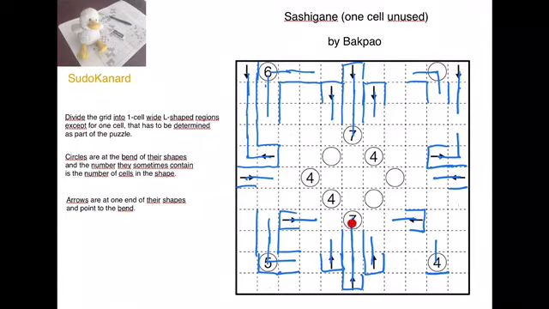Is there anything to be said about this one? Well, this arrow won't extend to the 4 because of the same reason as here. This arrow won't extend to this 4.